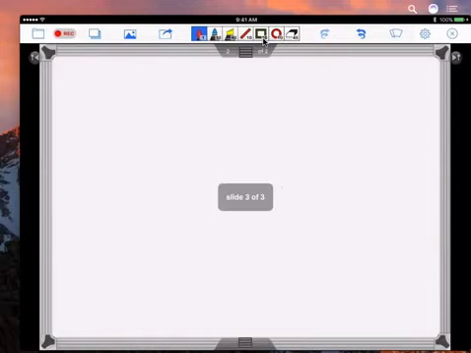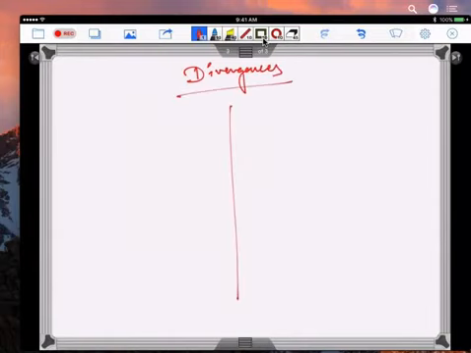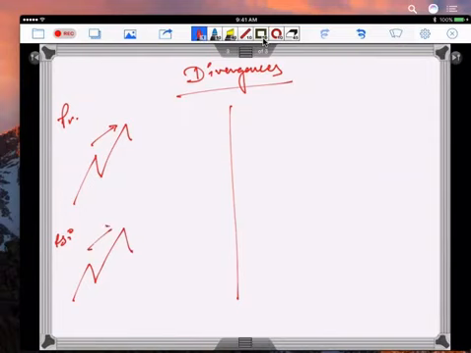So we come to a point where we wanted to discuss what divergences are, a positive divergence and a negative divergence. If prices are making a higher high, and with that the relative strength index is also making a higher high, then we say that price and indicator, in this case momentum, are hand in hand, so there is a high chance the price will rise further.